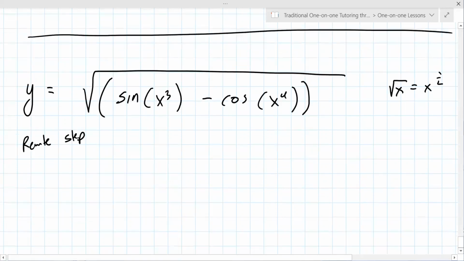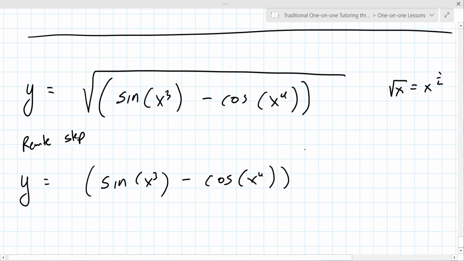So you have to rewrite this or know that this is sine x cubed minus cosine x to the fourth, all to the 1/2 power. And then you have to do power rule first. Okay. So go ahead and kind of start that for me, please.